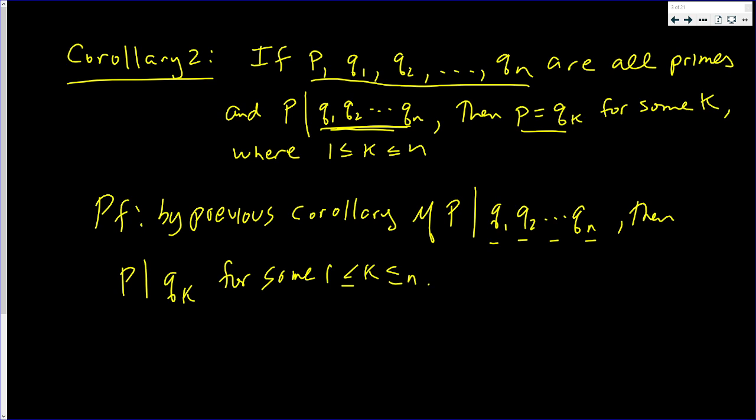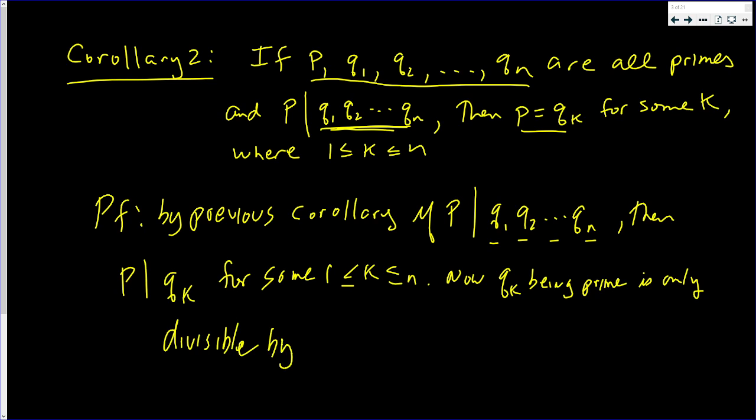Now, Qk, being prime, is only divisible by only positive divisors 1 and Qk.